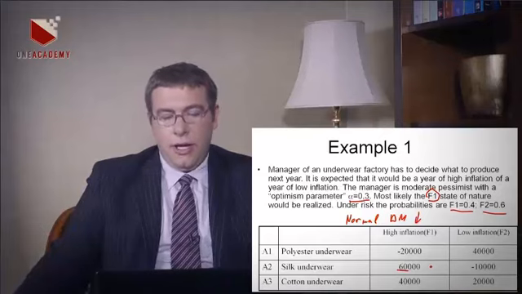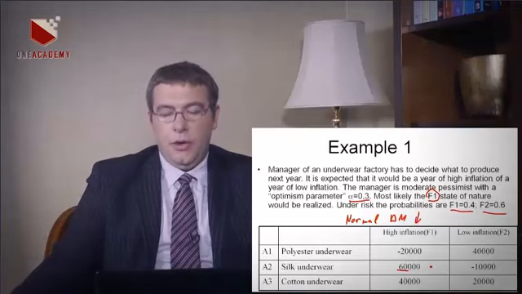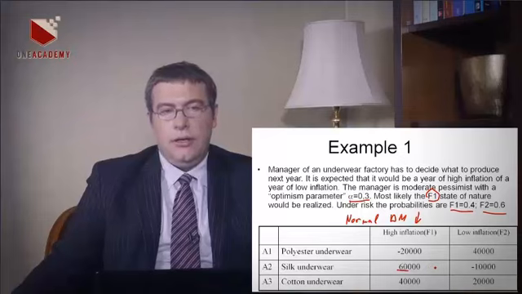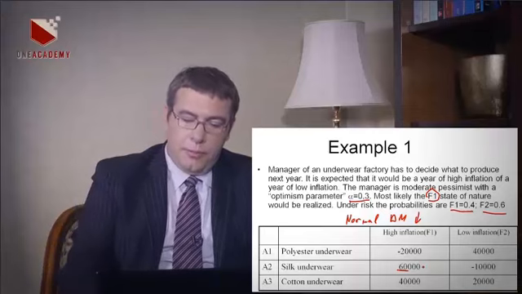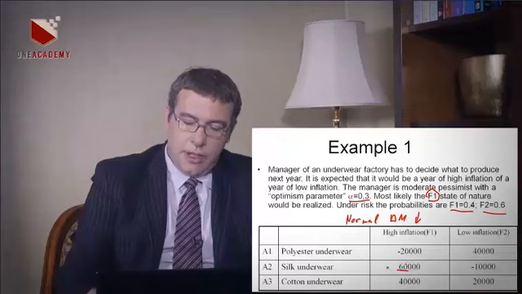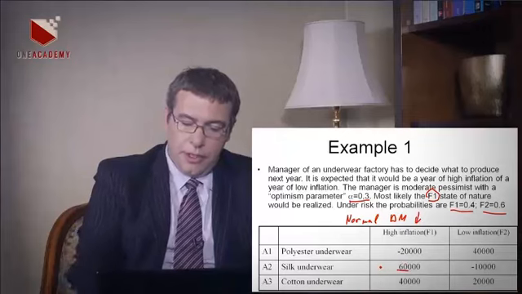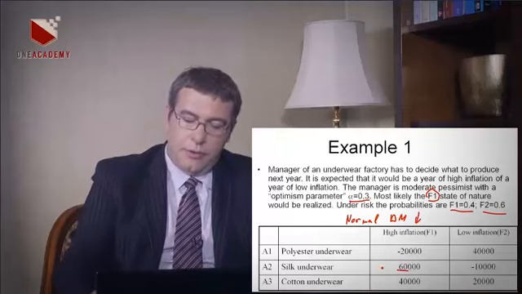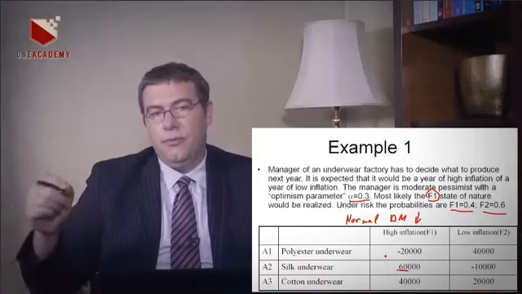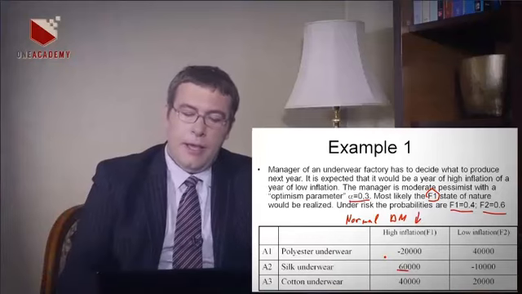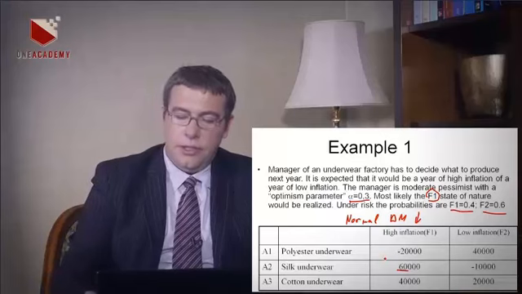When we calculate the Hurwicz criterion with the coefficient of optimism, we multiply 0.3 with the best possible outcome. For this alternative it would be 40,000 times 0.3 is 12, minus 20 multiplied by 0.7, which is the residual from 0.3 to 1, and this is minus 14, so this is minus 2.